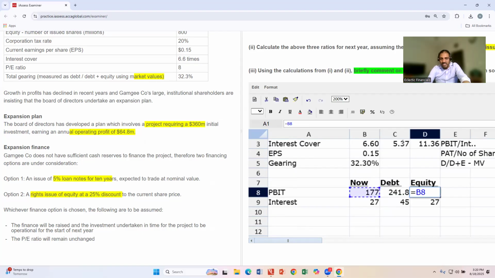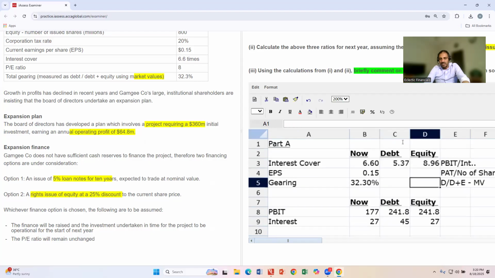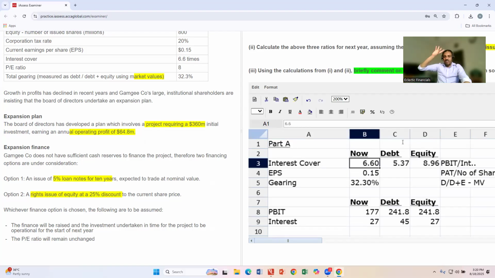Sorry. 177 plus 64.8. My mistake. So 241.8. So that is 8.96. So very clear. You should have a mindset that it is not only the numbers game, but also the commenting.